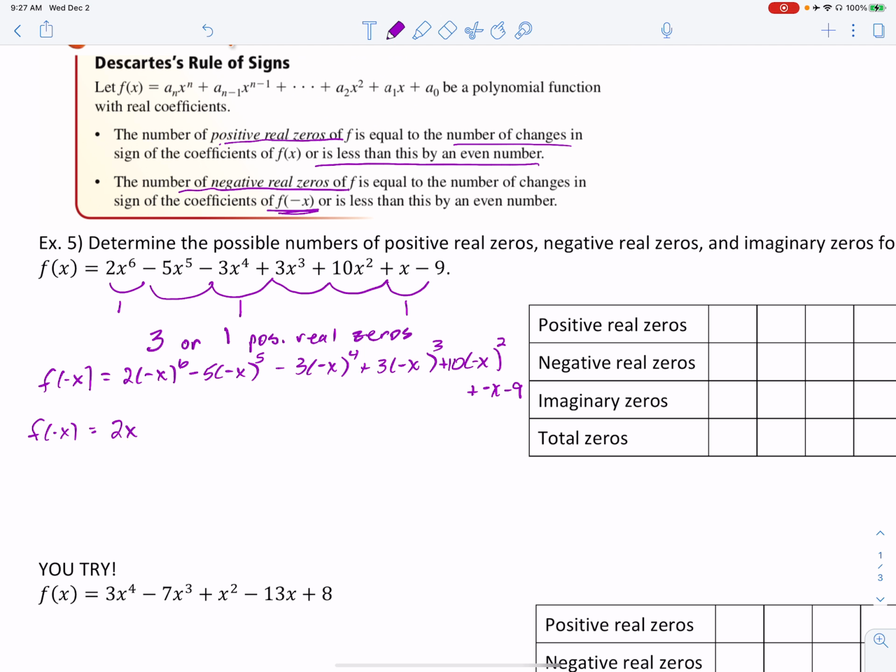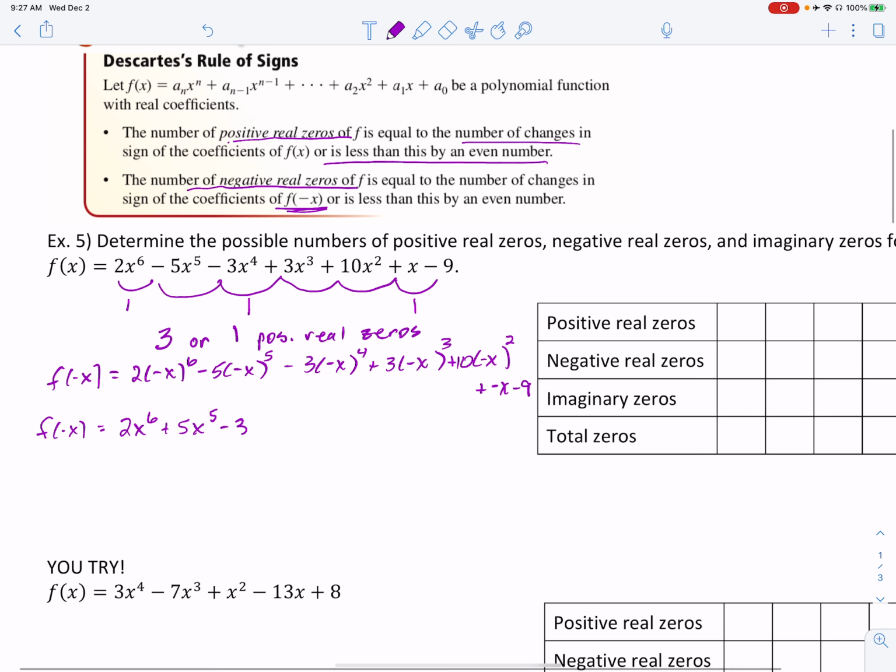And so you'll get 2x to the 6th. A negative x to the 5th will be negative, times a -5 is positive. And a negative x to the 4th is positive x to the 4th. So we have a -3x to the 4th, and then we get a -3x cubed, a plus 10x squared, minus x minus 9.